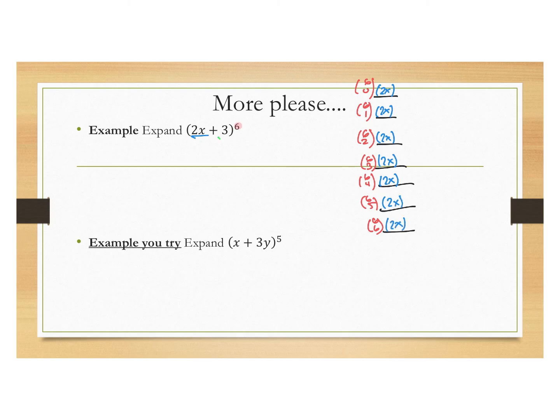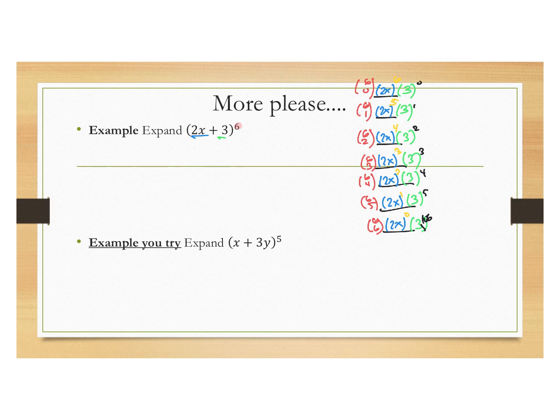Then we'll insert a 3 into each parenthesis. And we'll insert our power starting at 2x at the top and count backwards as we move down: 6, then 5, 4, 3, 2, 1, 0. And then we'll count our way back up from the bottom, starting at the bottom with 3: 6, 5, 4, 3, 2, 1, 0. And then we just start simplifying.